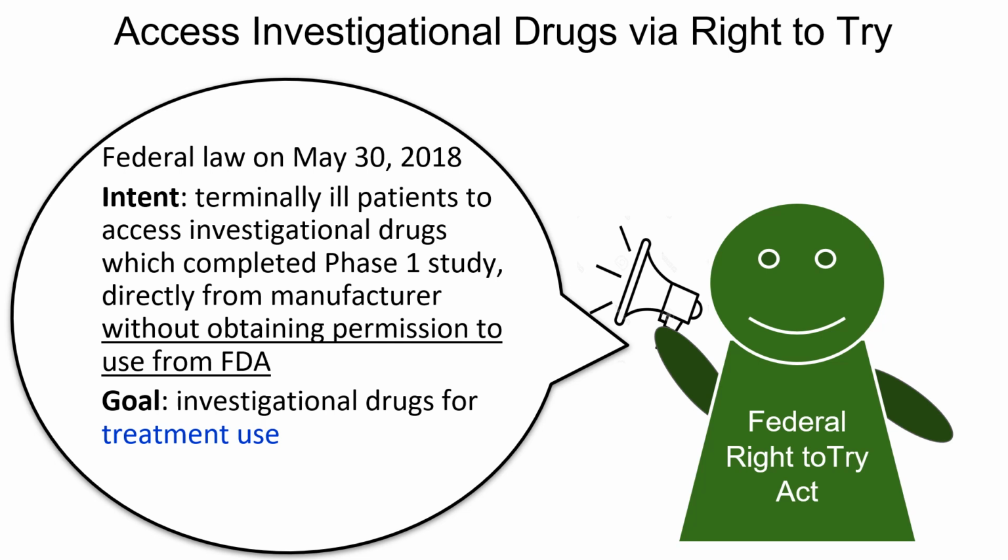So unlike clinical trial, the goal is to access the investigational drug for treatment use. According to the Right to Try website, the idea behind it was that Right to Try is needed because you shouldn't have to ask the federal government to try to save your own life. This is a direct quote from the Right to Try website.